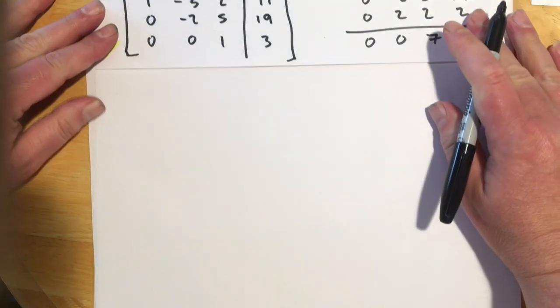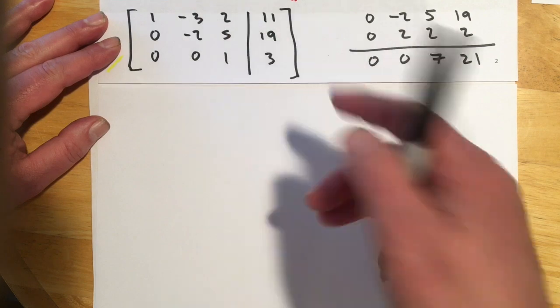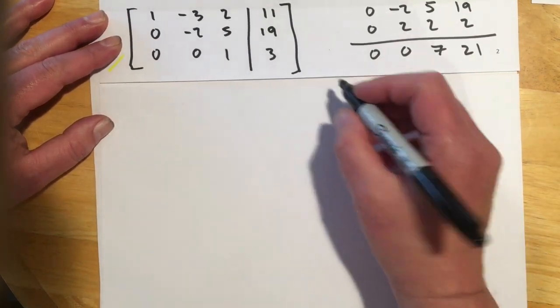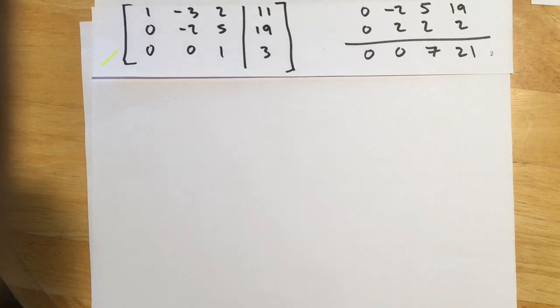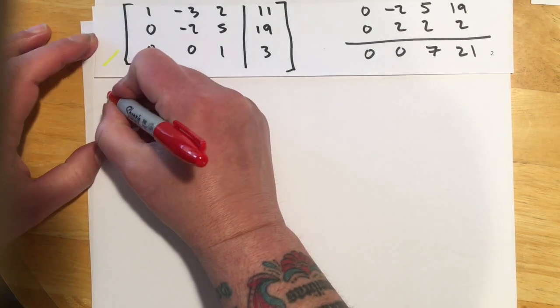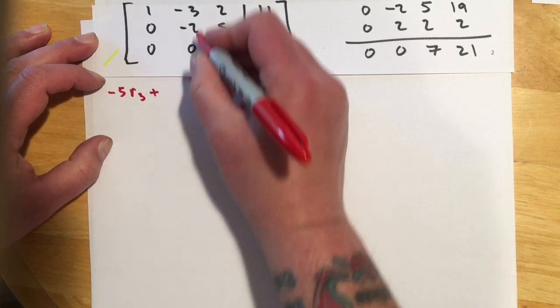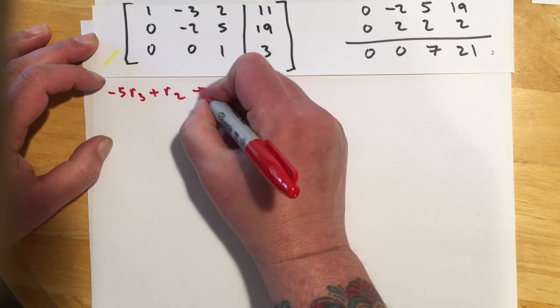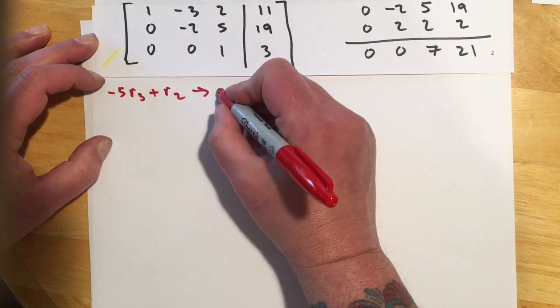So now, this is that thing again where I don't love making this a 1 immediately, because then I'd have fractions here. So what I'm going to do is go -5 times row 3, and add to that row 2. That's going to make my new row 2. So what I'm doing is knocking out this 5.